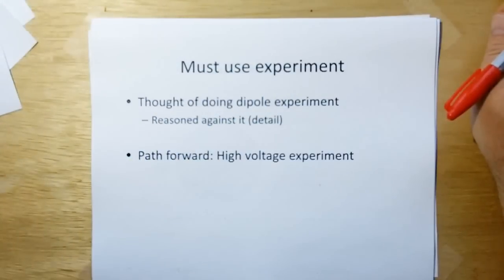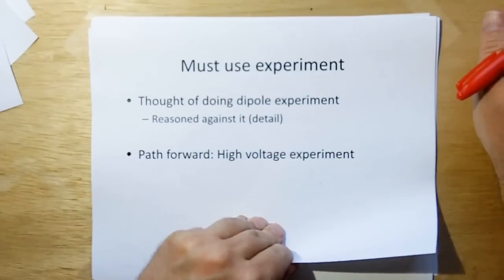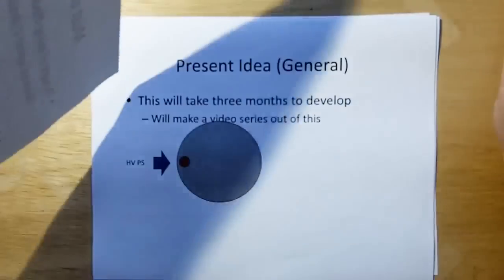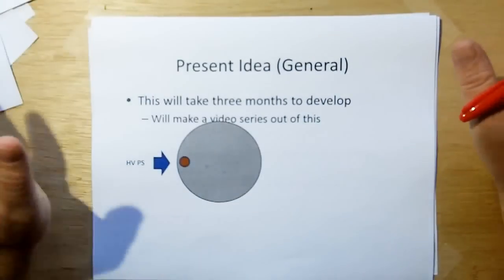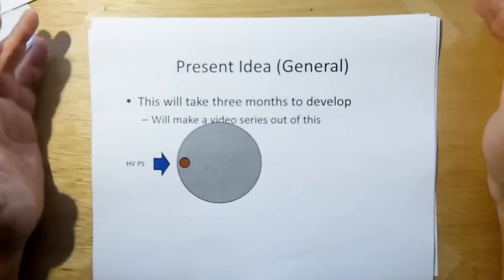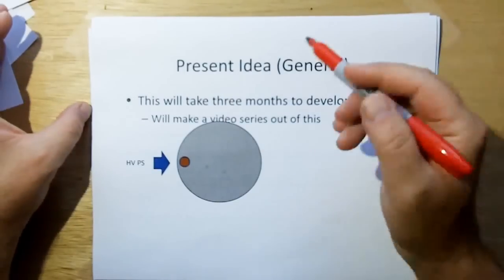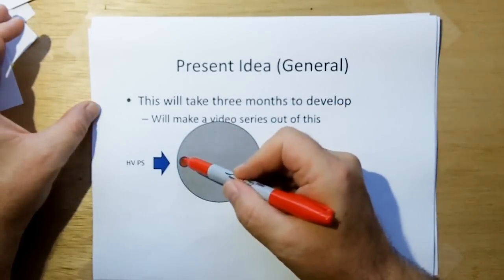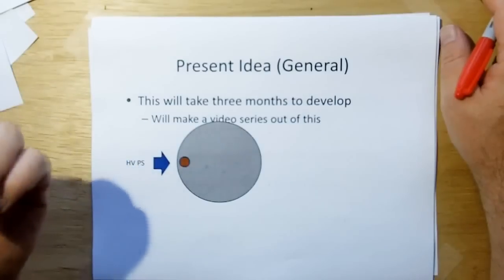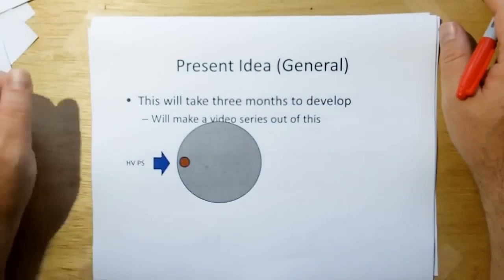So the path forward is going to be a high voltage experiment, which I plan to get into for other things, but this is just another good reason that we should start getting into high voltage experiments. So the present idea, and I'm kind of wanting to do something else right now, is to get an acrylic wheel, like a plexiglass wheel, mill a hole and put a copper disc in it and close the disc off with epoxy, but put a little way to charge it, like a little feeler piece of copper, a whisker of copper sticking out so you can charge it.